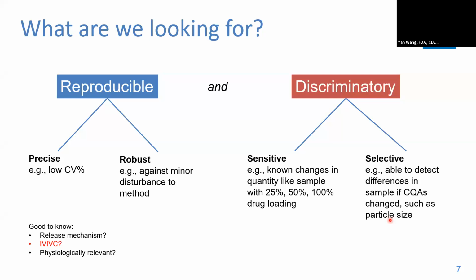What I have often seen missing is that the company just gives us the results, but they don't really tell us why and how they got there. Generally speaking, those like reproducibility and discriminatory ability, those validations are essential. Those are things we must know. Then there are also things that are good to know. So what are the good-to-knows in general? The release mechanism: if we could have some more data to help us better understand the product, how the drug may be released in vitro and in vivo, then IVIVC comes into play, right?